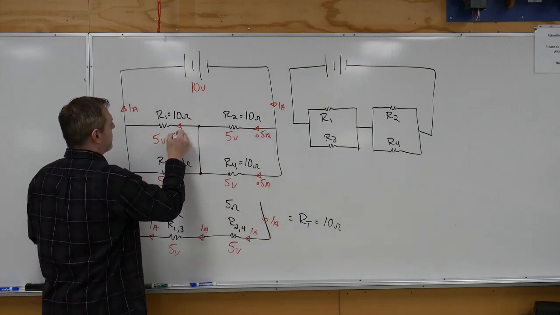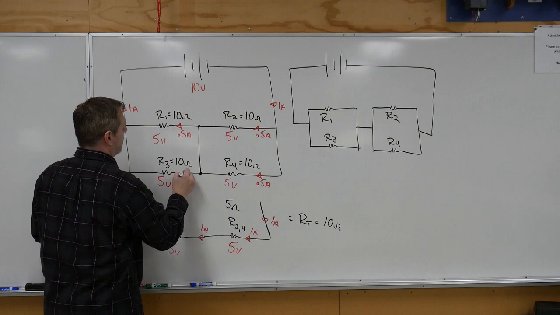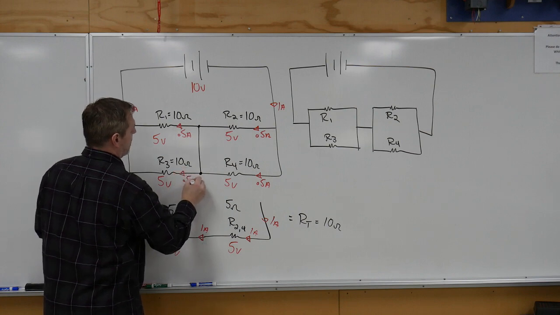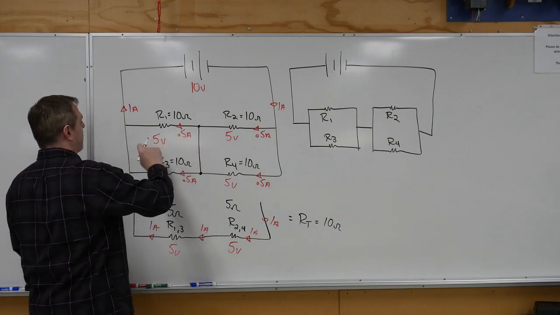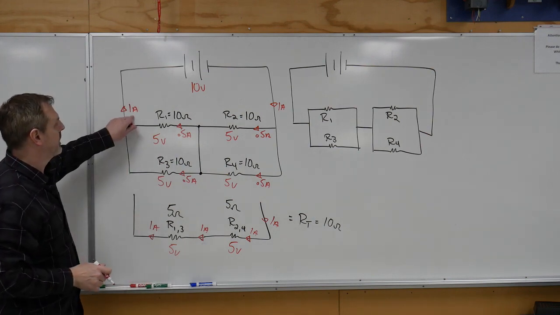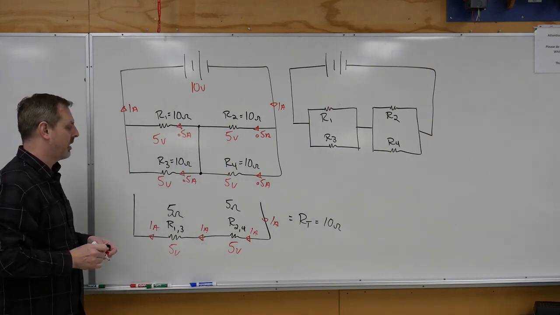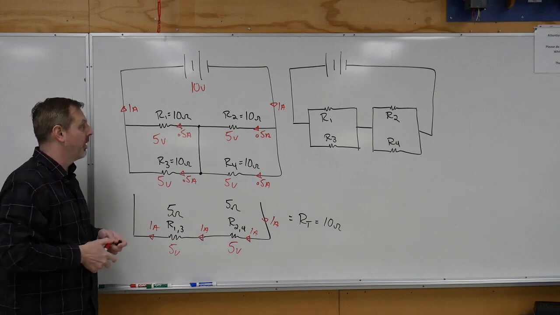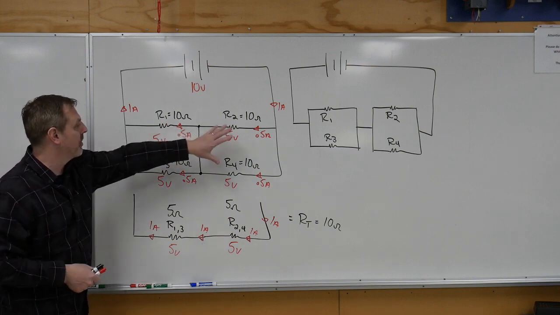It would all be exactly the same. So the 0.5 and the 0.5 would then be joining together to create the 1 amp there.